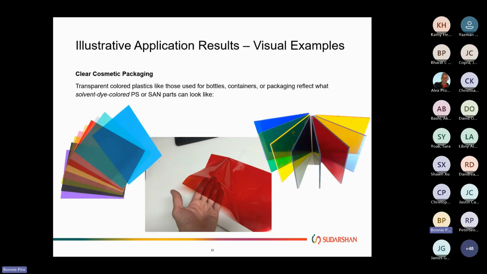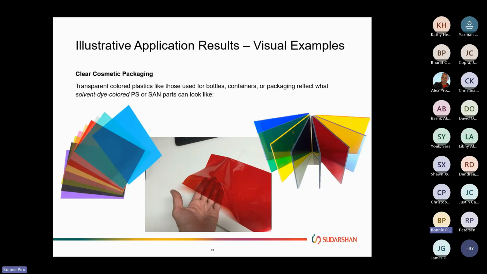So, for example, from a cosmetic packaging aspect of it. So think going down your aisles in the drugstore or the grocery store, and you're looking at these nice clear but vivid colors for packaging. More than likely there are solvent dyes in those, and that's what they're being used for, that clear film or packaging area to be able to illustrate what is inside the container.